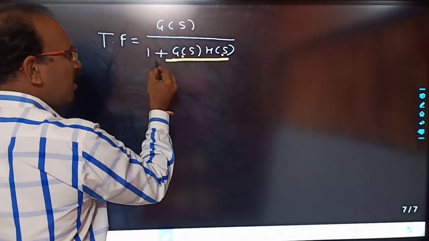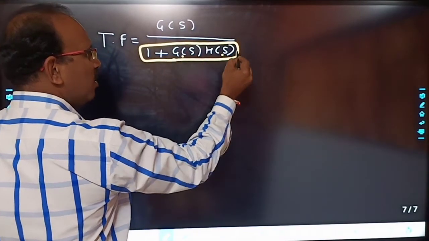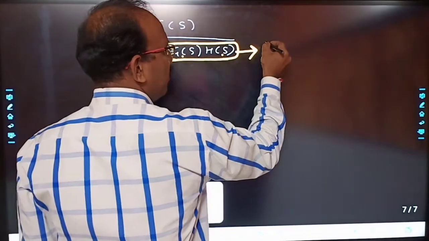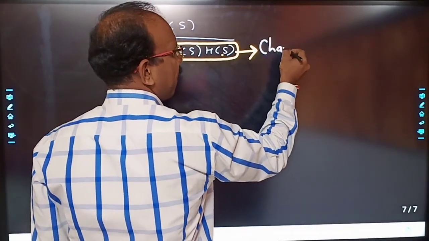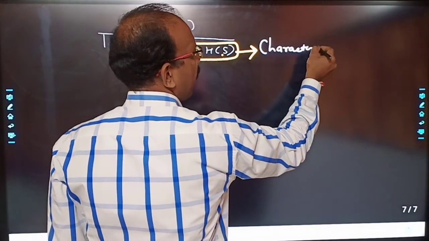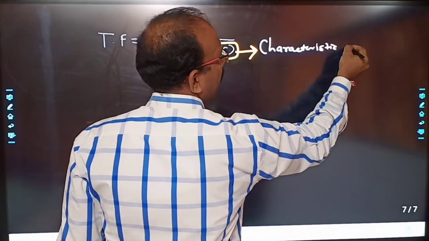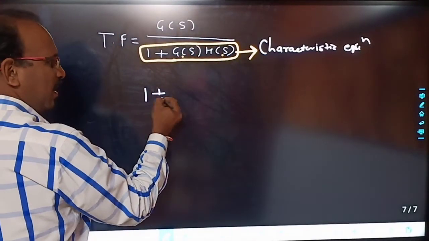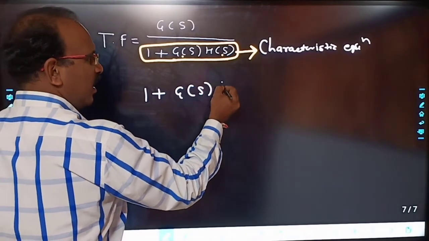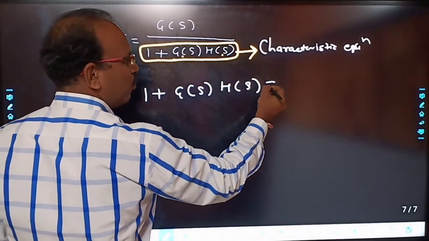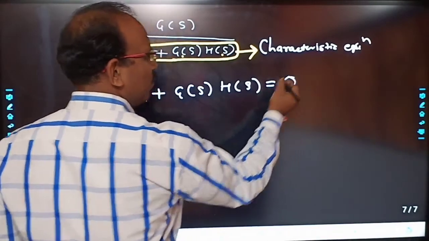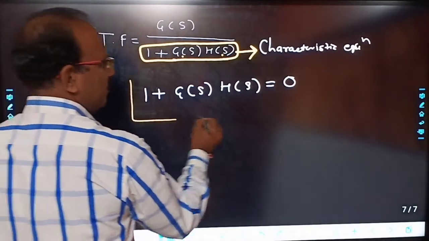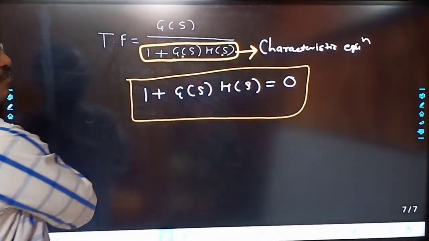So this particular part is called the characteristic equation: 1 plus g of s, h of s, we have to find the roots of this equal to 0. This is the characteristic equation of the system.